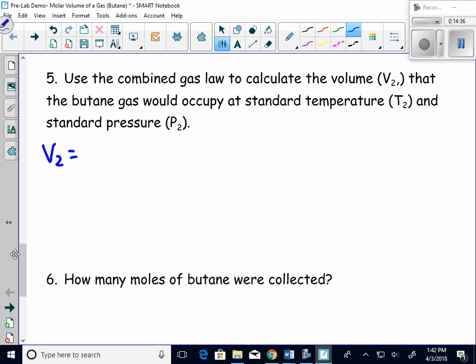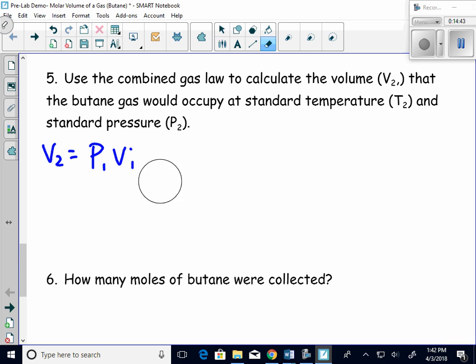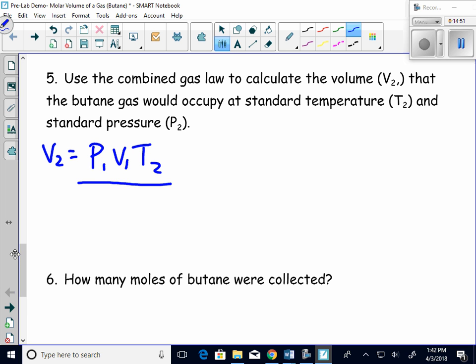V2 is equal to P1, V1, T2 all over T1, P2.